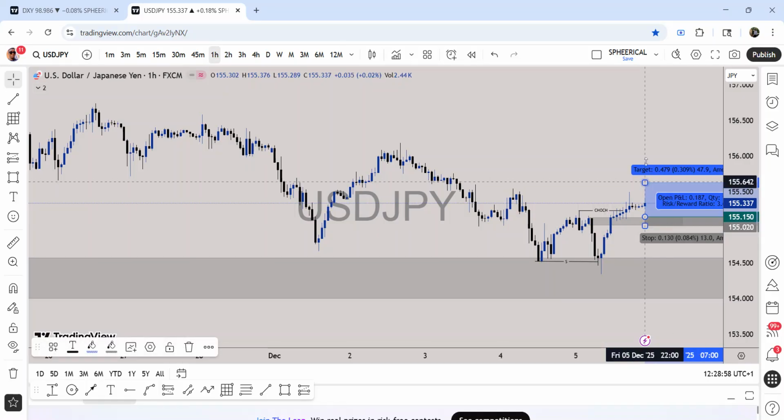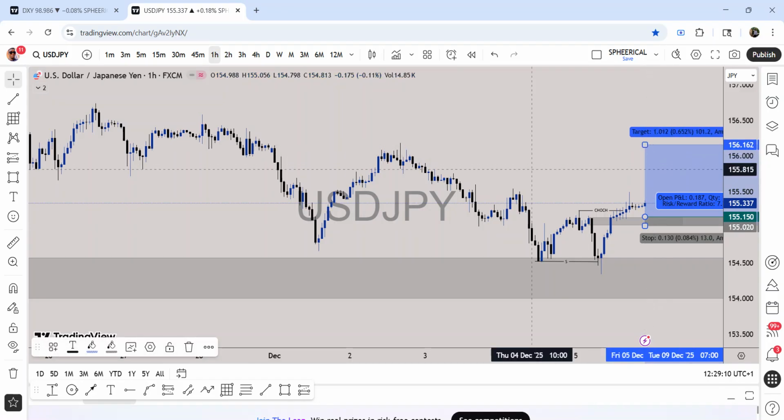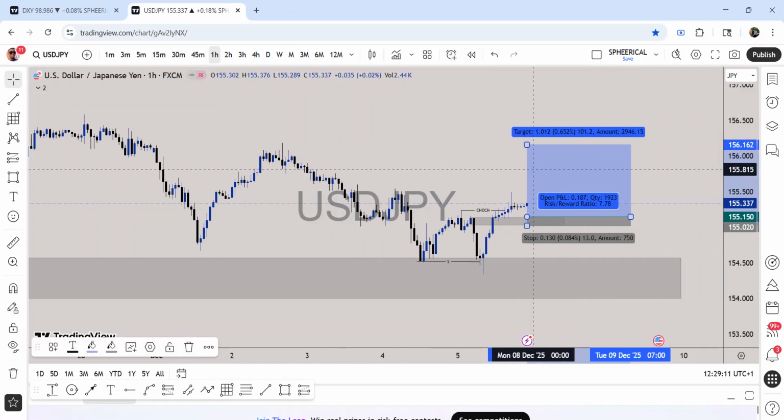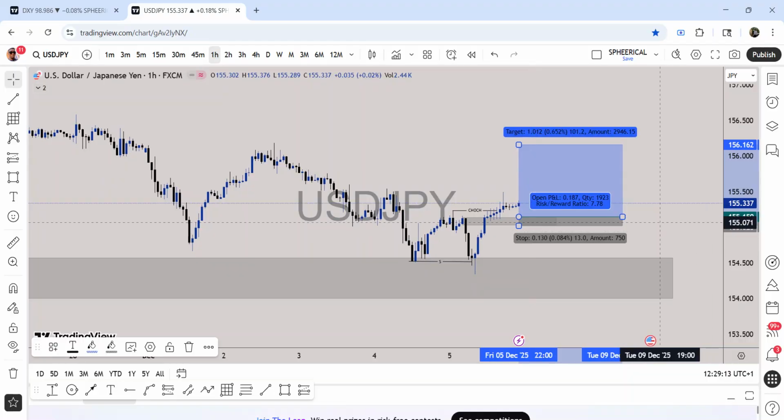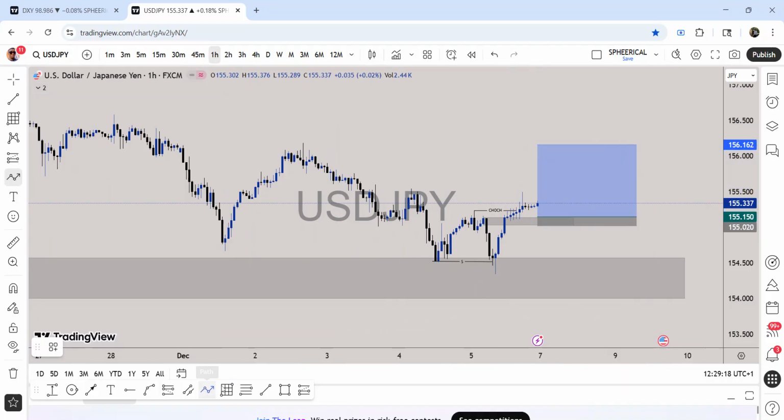Then we will target at least 60 pips, or target at least this high. At least this high is what we'll be targeting, just 100 pips. But we are going to take it with confirmation in 15 minutes.